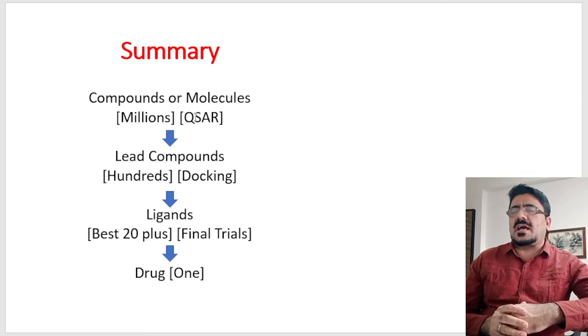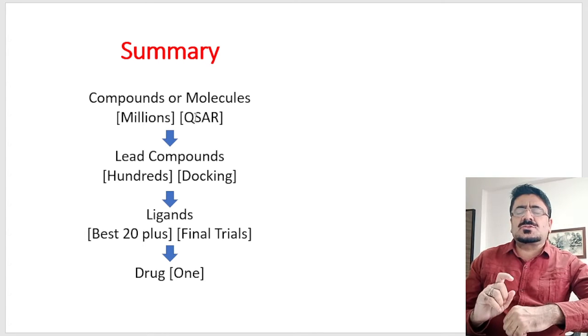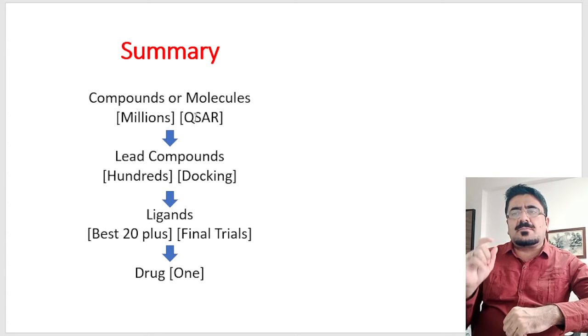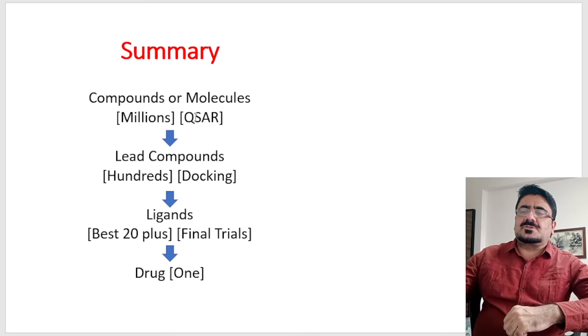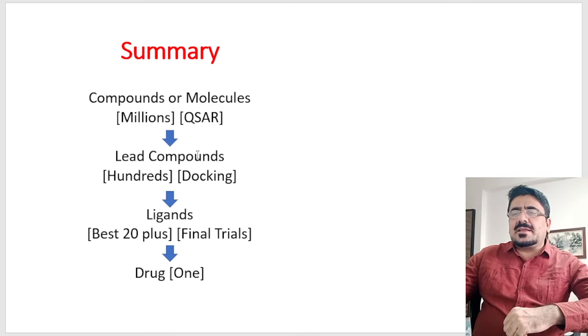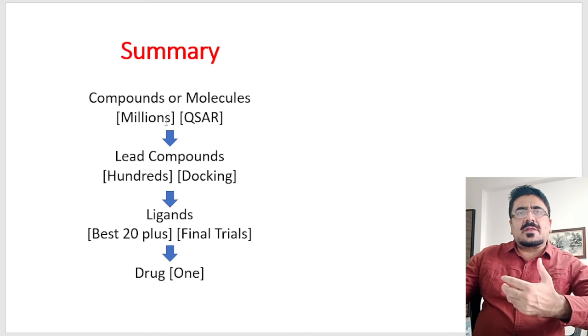These precise parameters are used to screen specific ligands from millions of compounds. So in the second step, from millions, from lakhs, to thousands, after using some parameters we screen about 100 compounds. These 100 compounds become ligand compounds.